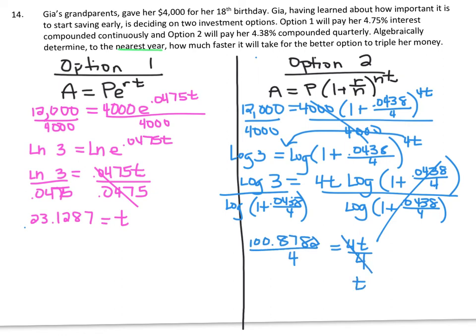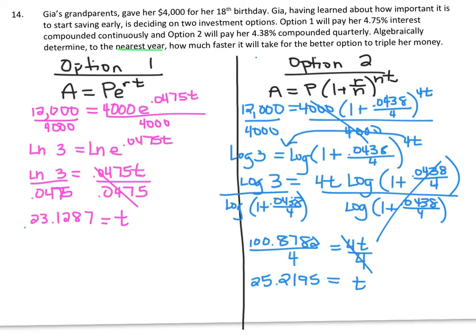You want to divide that entire answer in your calculator by 4. So in your calculator, you're literally just going to hit divided by 4. All right, and when we do, we get 25.2195, rounded again.